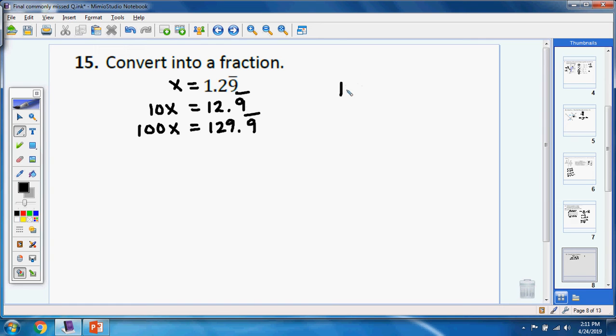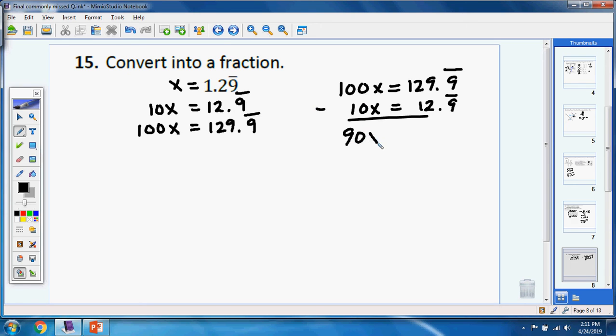So if I set up an equation like this, and if I subtract, that's going to give me a 90x is equal to, well, the repeating eliminates. 9 subtract 2 is 7, 117. So we're going to go ahead and divide by 90.